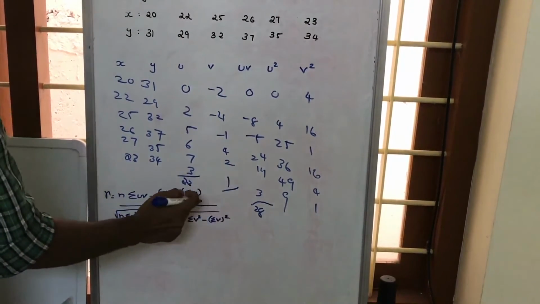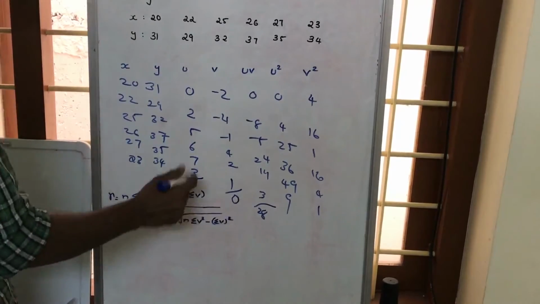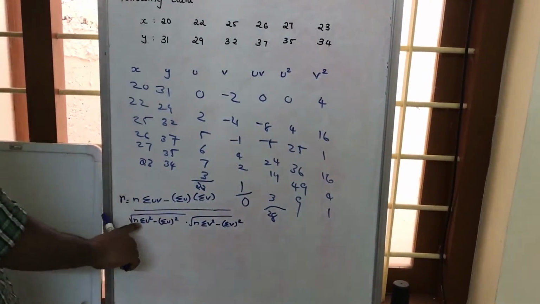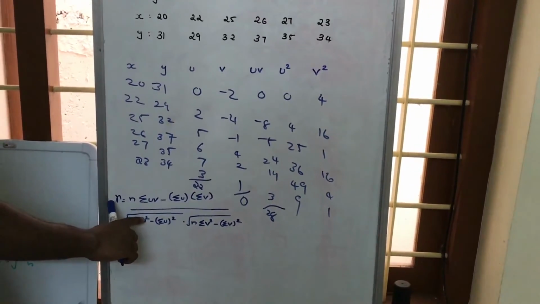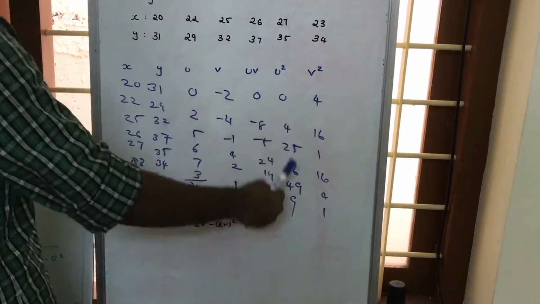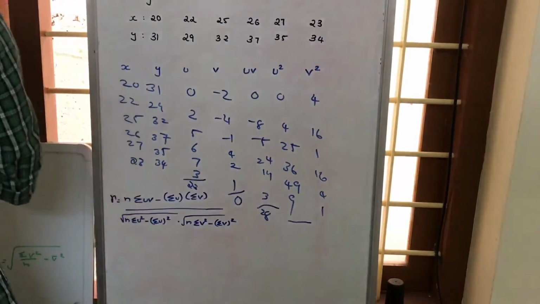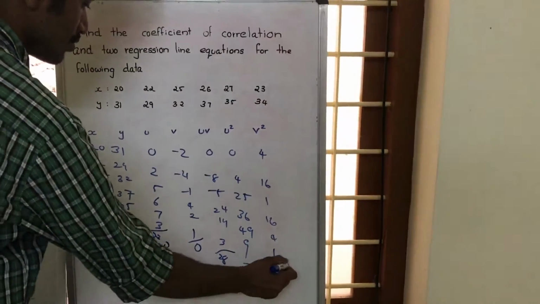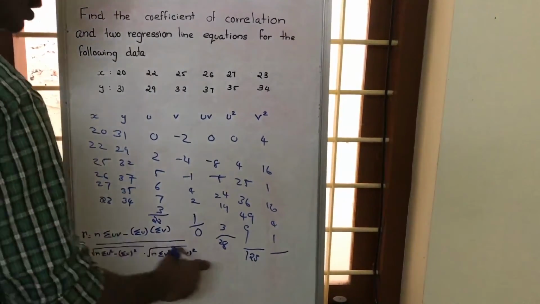Sigma v, the sum of all v terms, is 0. Here we want sigma u square, the sum of all u square terms, which is 123. And the sum of all v square terms is 42.